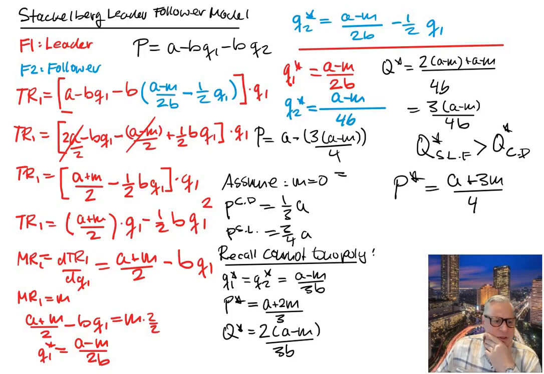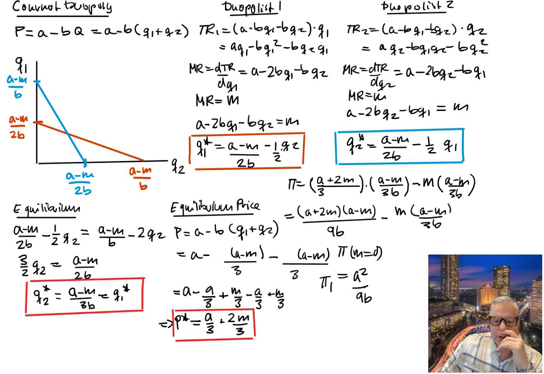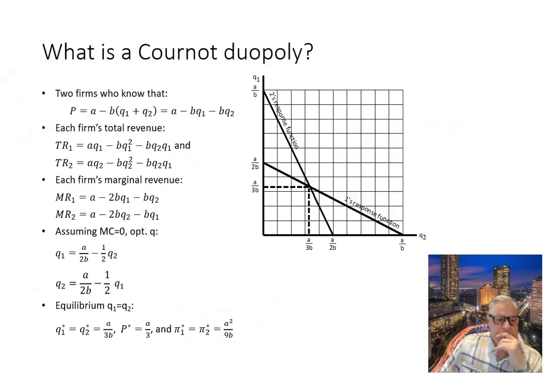Okay, so the last thing we can calculate are the profits. So for the profits, we assume again marginal costs are 0, and in a Cournot duopoly, the profits were A squared over 9B.